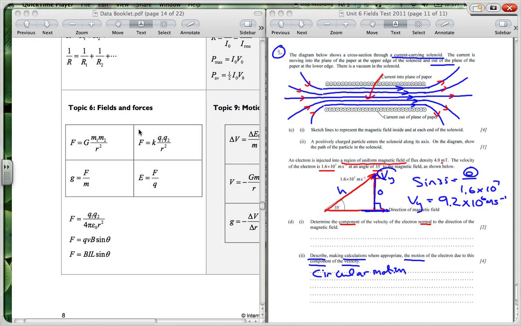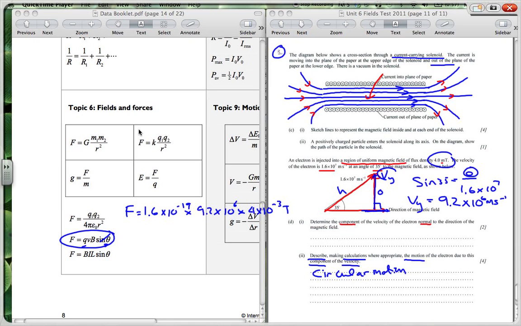Because it's 90 degrees, sine is equal to 1. So the force is equal to Q, which is 1.6 times 10 to the negative 19, times 9.2 times 10 to the 6, times our B, which is 4 millitesla, so 4 times 10 to the negative 3 Tesla. So that would be the force.